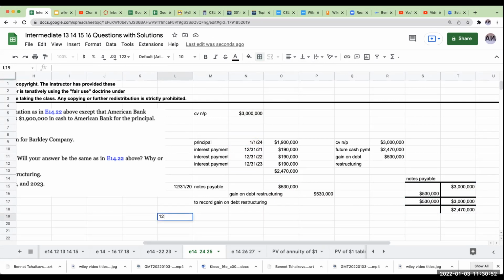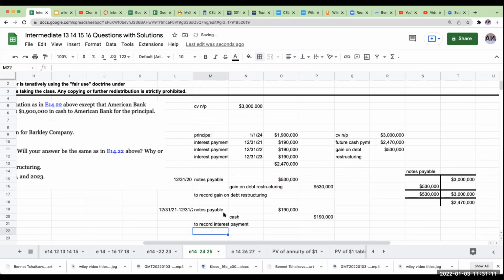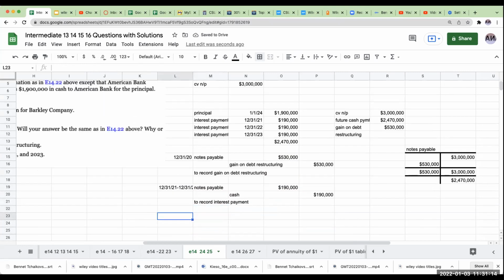So on 12/31/21 through 12/31/23, at the end of each year, I'm going to debit notes payable for 190,000 and credit cash for 190,000. Then on 1/1/24, I'm going to debit notes payable for 1.9 million and credit cash for the same dollar amount.